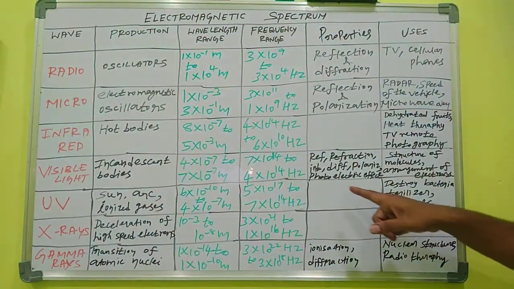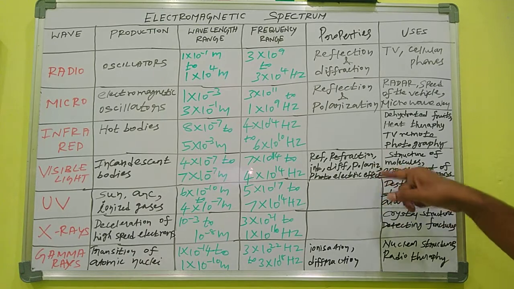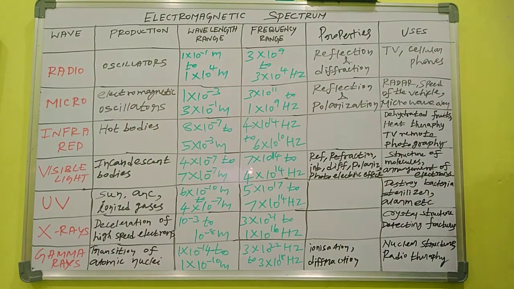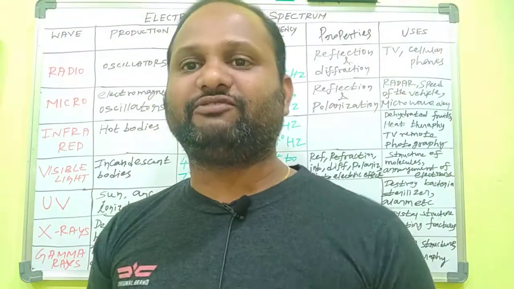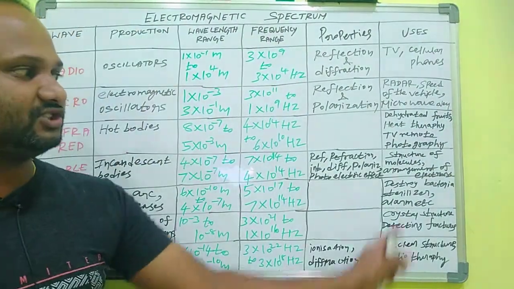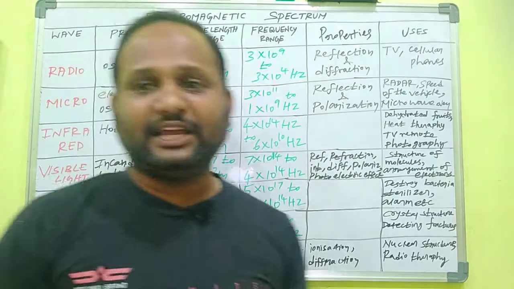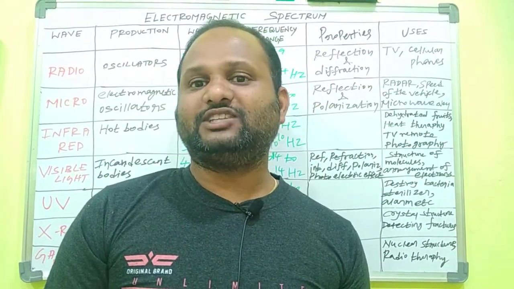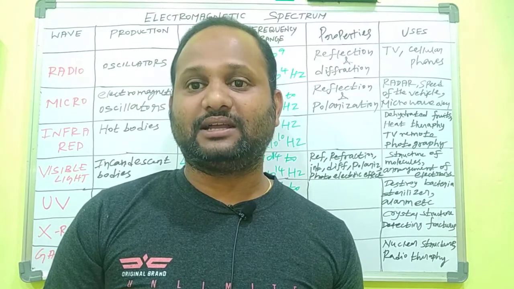Okay, visible light obeys all these. Then what is the use of visible light? Visible light is used to study the structure of molecules and the arrangement of electrons in the external shells, how the electrons are arranged.